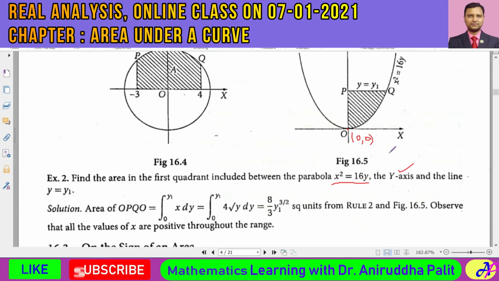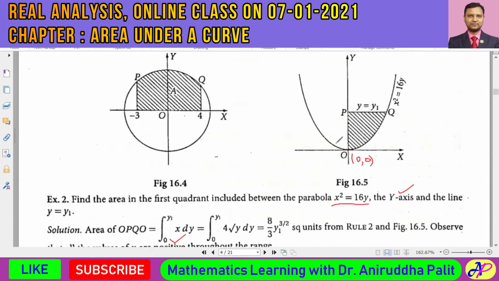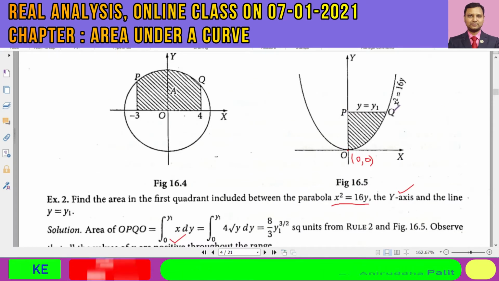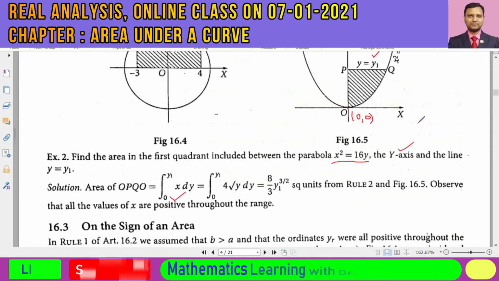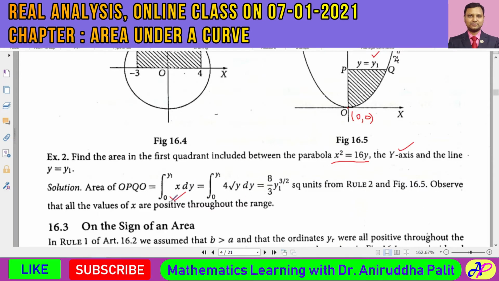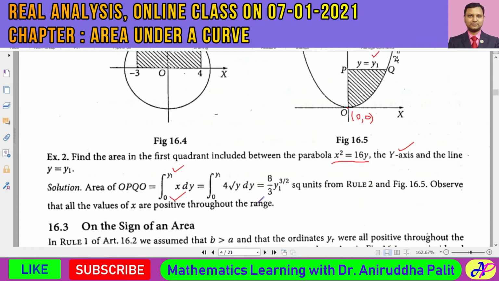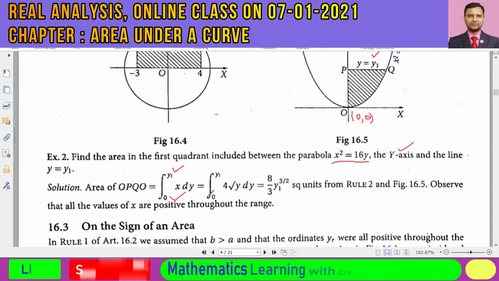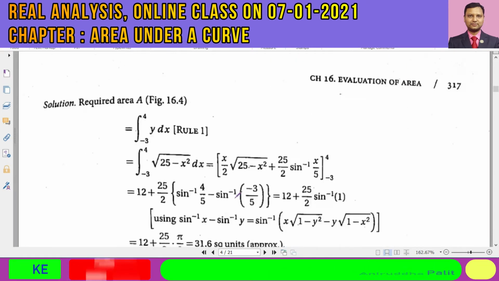So y should start from y is equal to 0, and you see at the point P or at the point Q, at both of these 2 points, the maximum value of y is y1. Got it? Therefore, we will have to integrate this from 0 to the largest possible value of y, that is y1, and x into dy should be written over here.